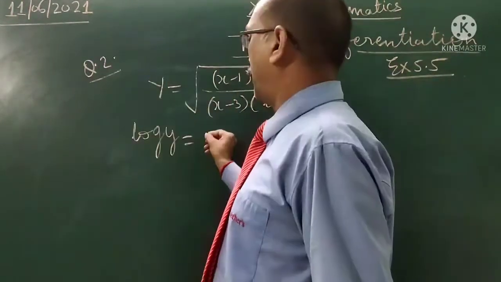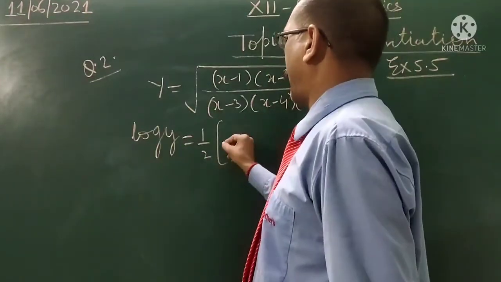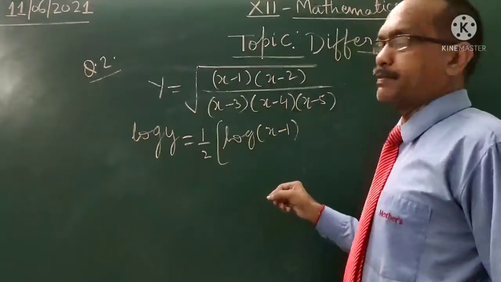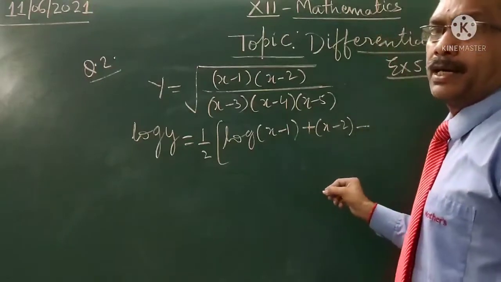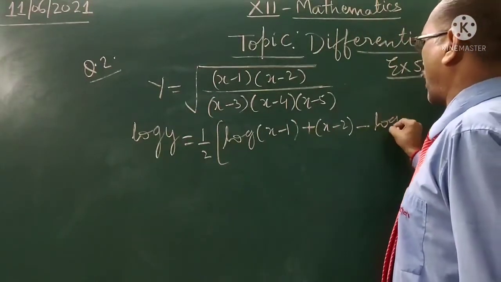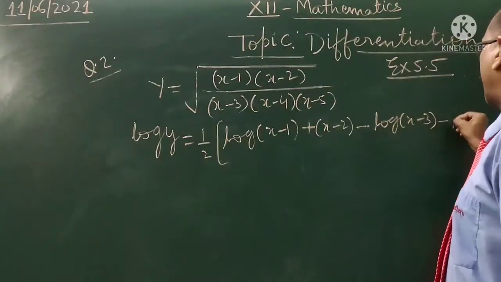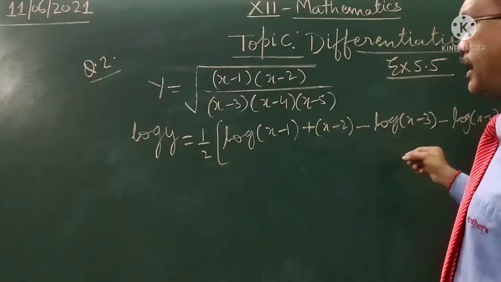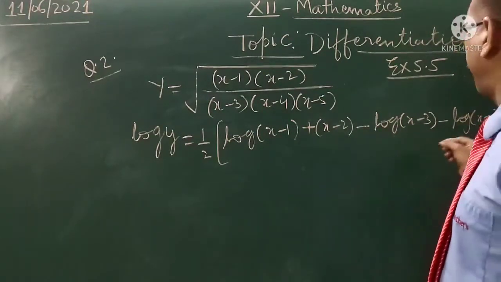is equal to 1 upon 2, then bracket, log (x minus 1) plus log (x minus 2) minus log (x minus 3) minus log (x minus 4) minus log (x minus 5).